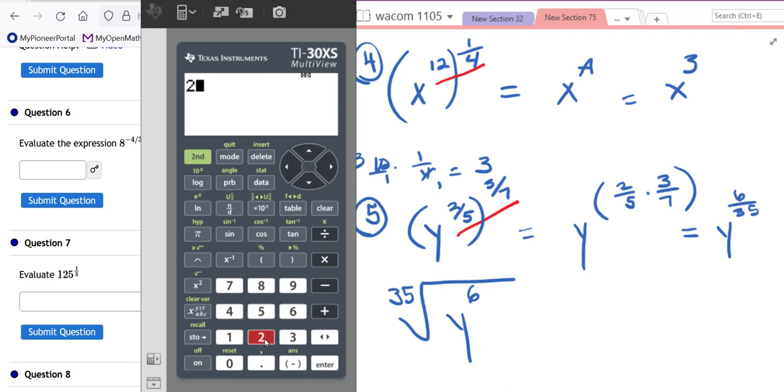So you would put the 2 first, and then you hit the fraction button, and 5. I would have to be careful here. Let me clear that out. I would need parentheses. You need parentheses around a whole fraction. I might be a little too conservative there. If I use the fraction button, I'm probably okay. Parentheses are always your friend.